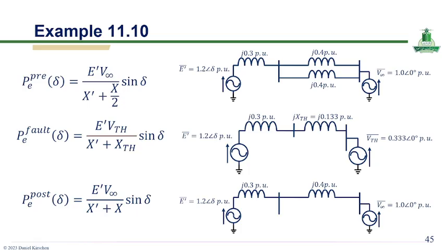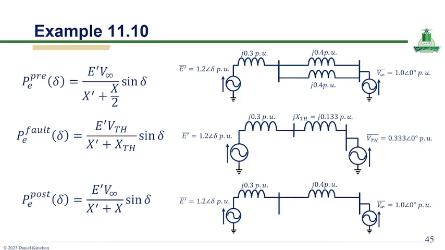In the pre-fault condition, both transmission lines are connected, resulting in lower reactance and higher power transfer capability. During the fault, the Thevenin equivalent network is used, increasing the effective reactance and significantly reducing the transmitted power.